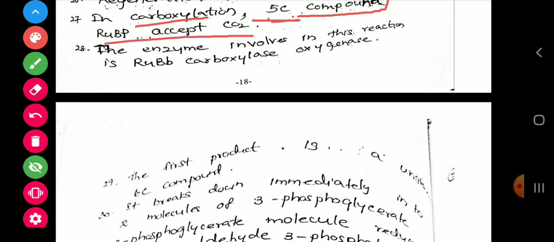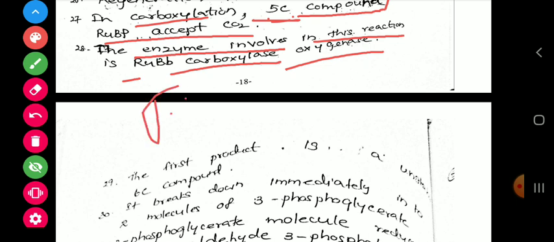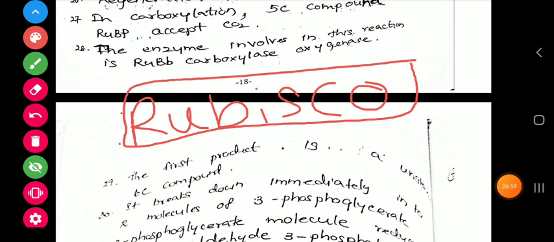The enzyme that is involved in this reaction is RUBP carboxylase oxygenase, which is also called Rubisco. You know Rubisco.